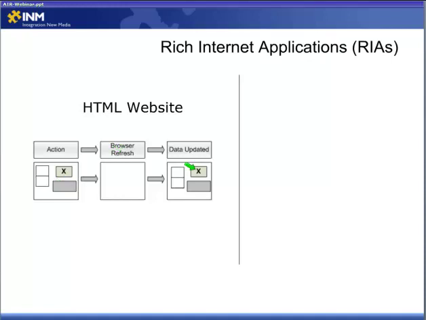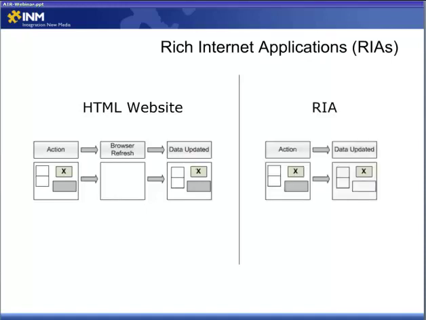With a rich internet application, the data is exchanged in an asynchronous way. So what this means is that when you take an action on a form, immediately that information can be updated locally on that form. So you don't have to go through a browser refresh every single time. So it's much more effective in terms of processing data, as well as a much faster response time.